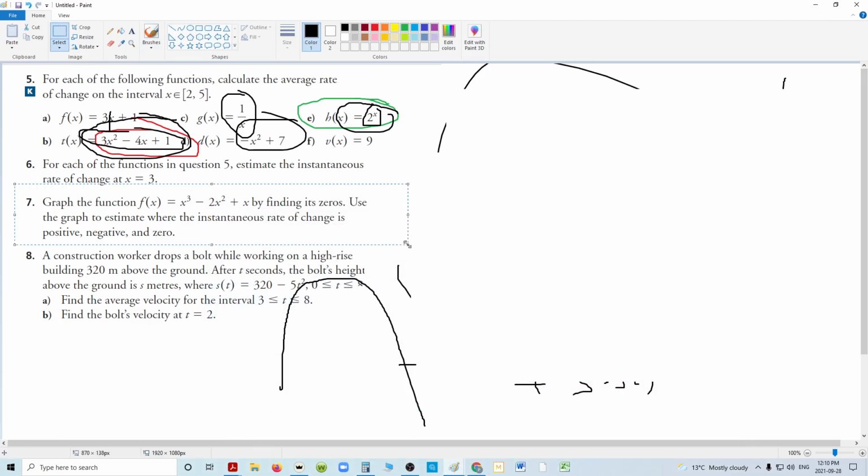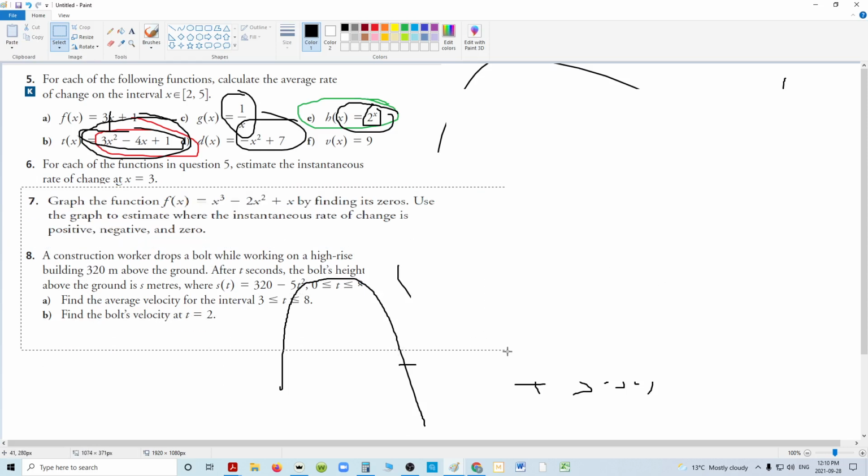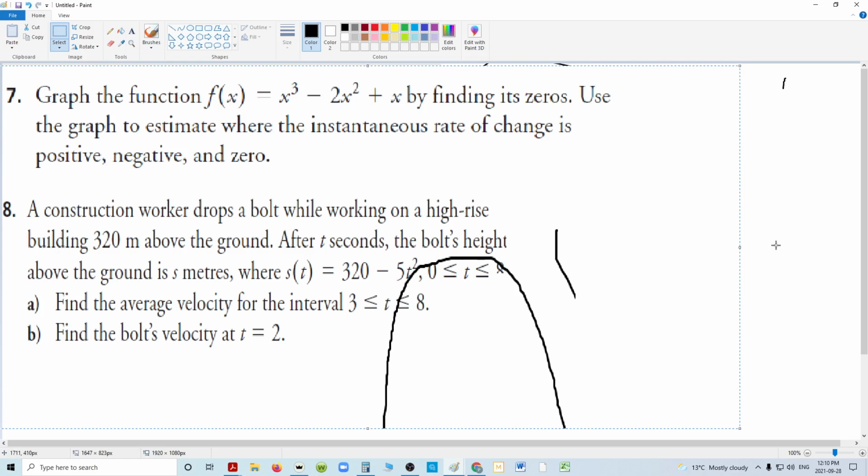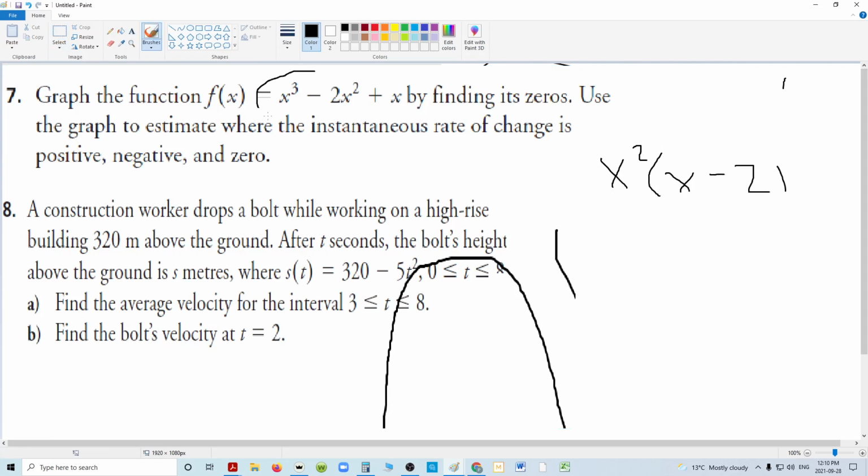Graph this. They're saying graph it. I'm going to actually take both questions here and move them up. Okay. So it's saying graph this by finding its zeros. It's clear x squared can come out of both, and I'm left with x minus 2. It's clear this is a cubic. It's going to bounce through 0, 0. It's a positive coefficient.